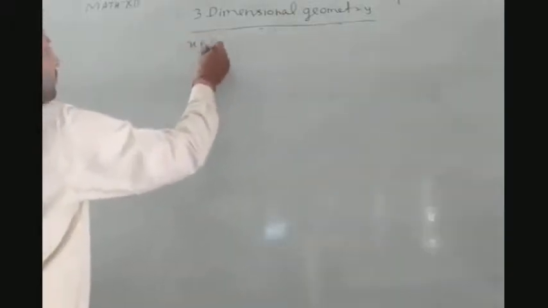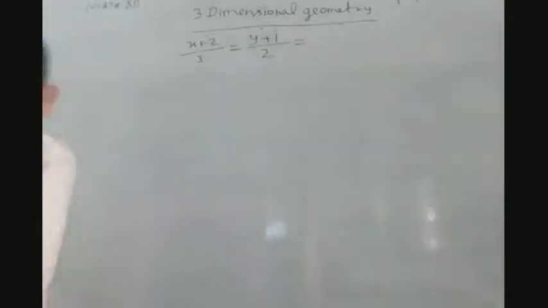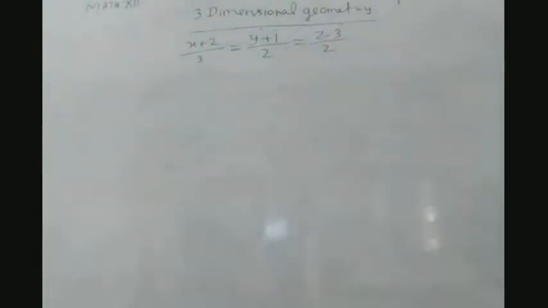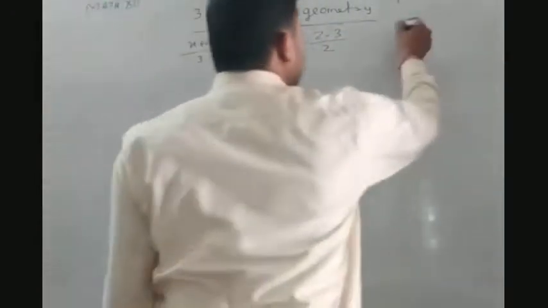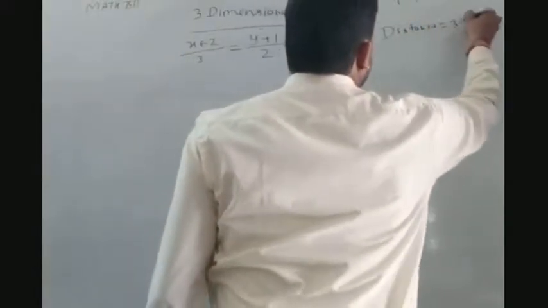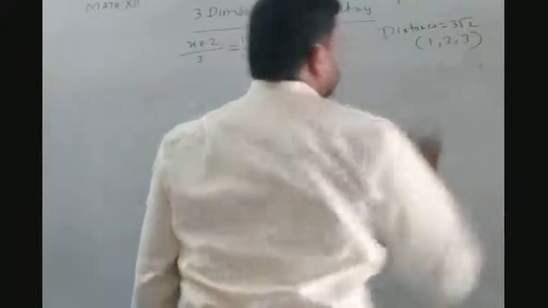The question is: find the point on the line (x + 2)/3 = (y + 1)/2 = (z - 3)/2 at a distance of 3 root 2 from the point (1, 2, 3).